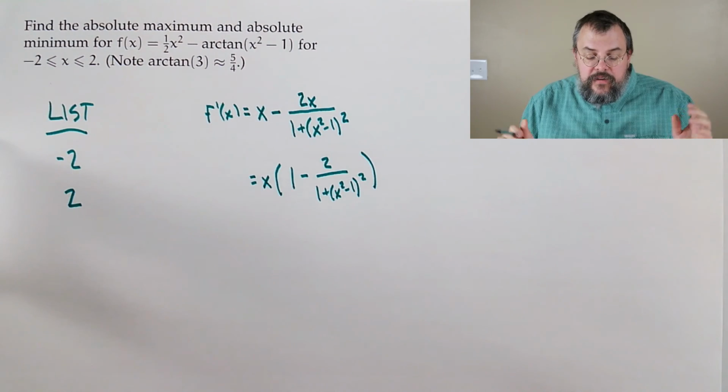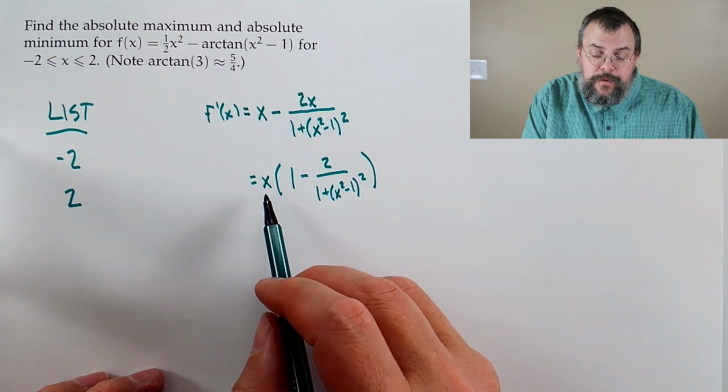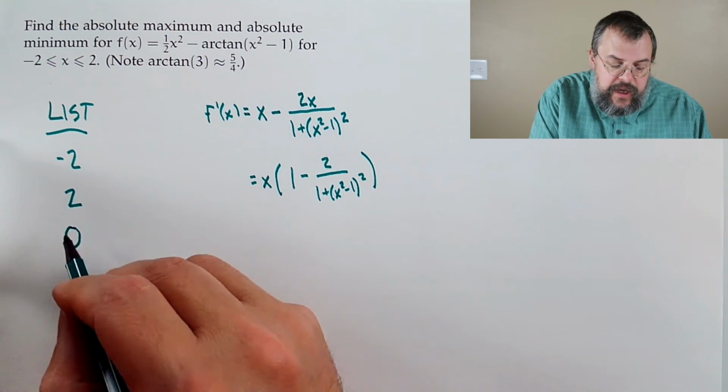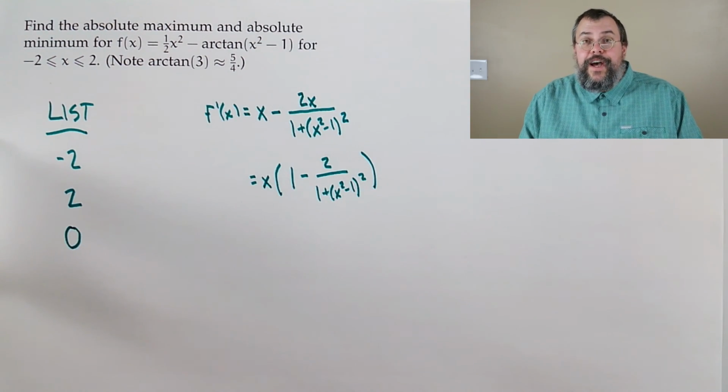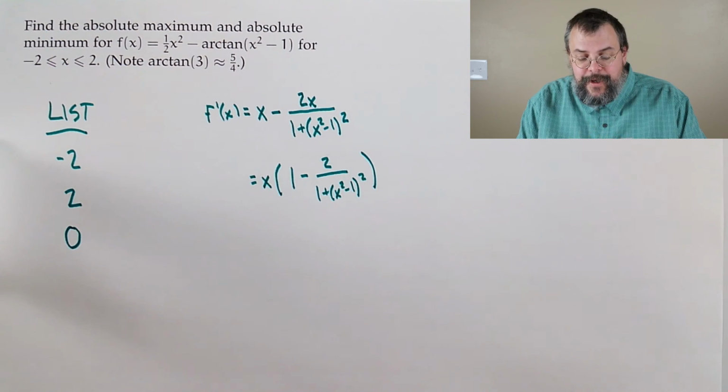By the way, we can see that x equals 0 will produce a derivative of 0. So that means that 0 has made our list. But now we start to ponder, could there be another point? Well, we've got to start digging and see what we find.